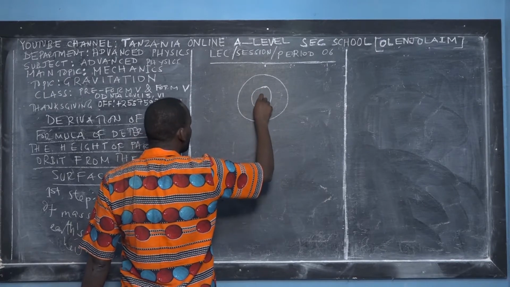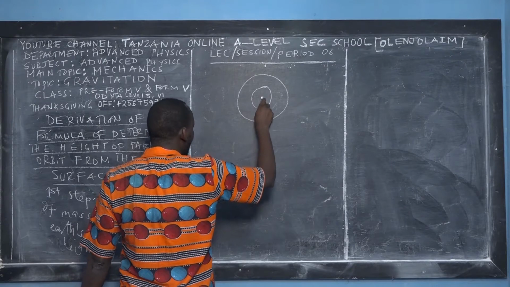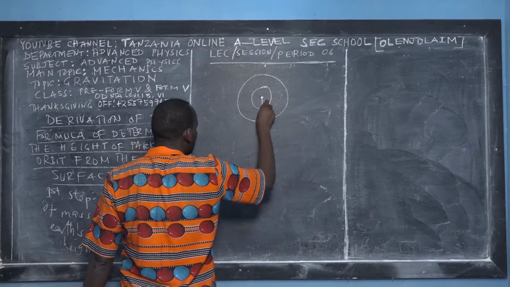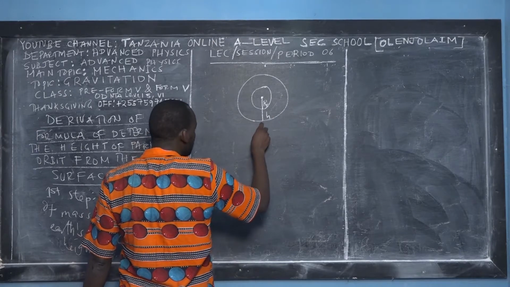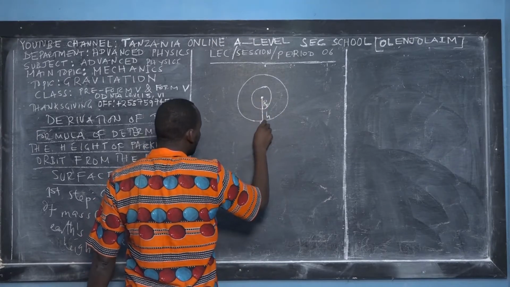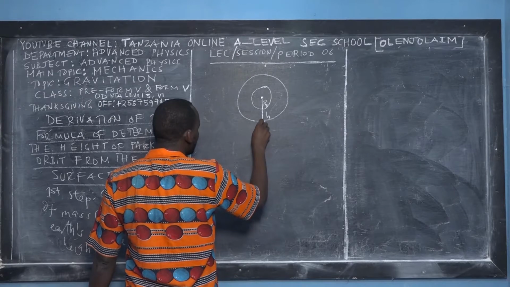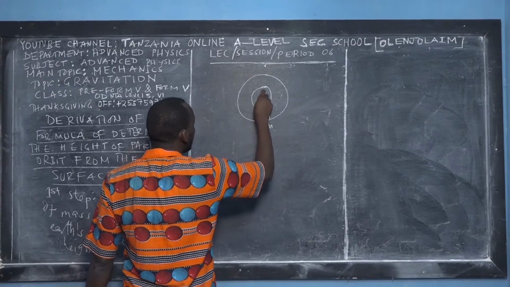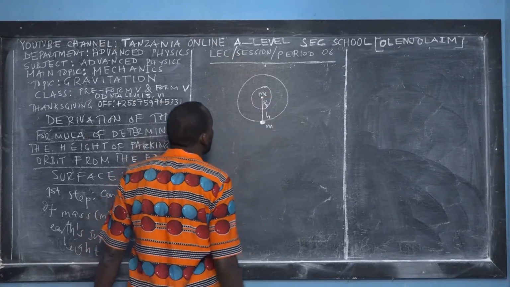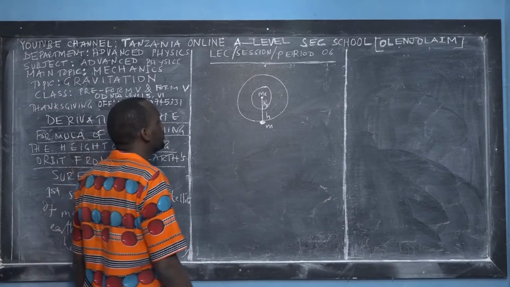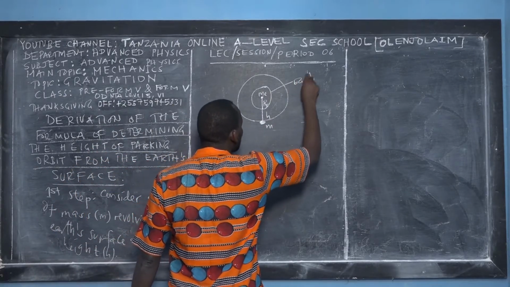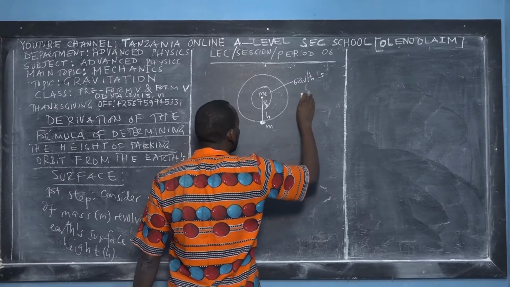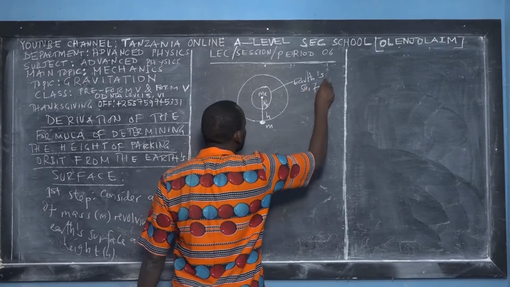So this is the center of the Earth. Here we have the radius of the Earth, R subscript E, and here we have the height of the parking orbit. Suppose that the satellite with mass m is here. So this is all about the Earth's surface, because it is very important, the Earth's surface.